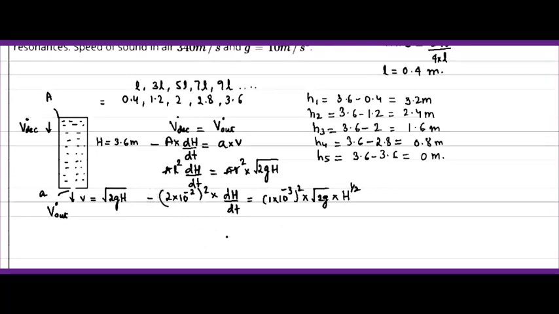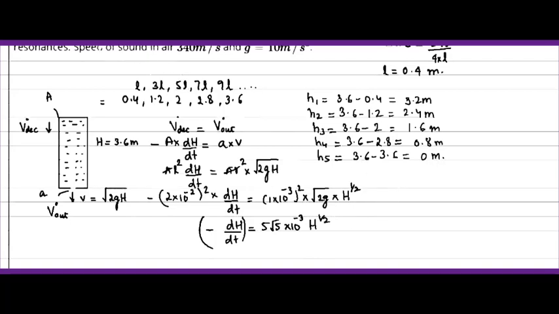Now if you simplify this equation, you are going to get dh divided by dt with the negative sign. This will be simply equal to, if you solve these values, 5 root 5 into 10 raised to the power minus 3 into h to the power half, and this will be equal to the rate of decrease in height of the oil.